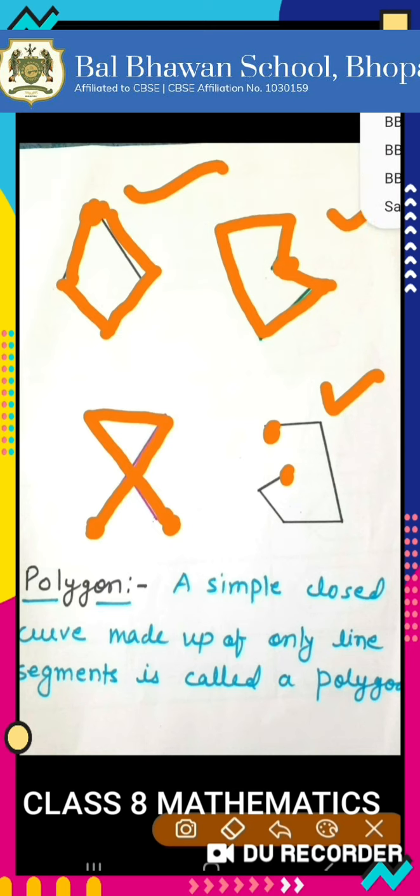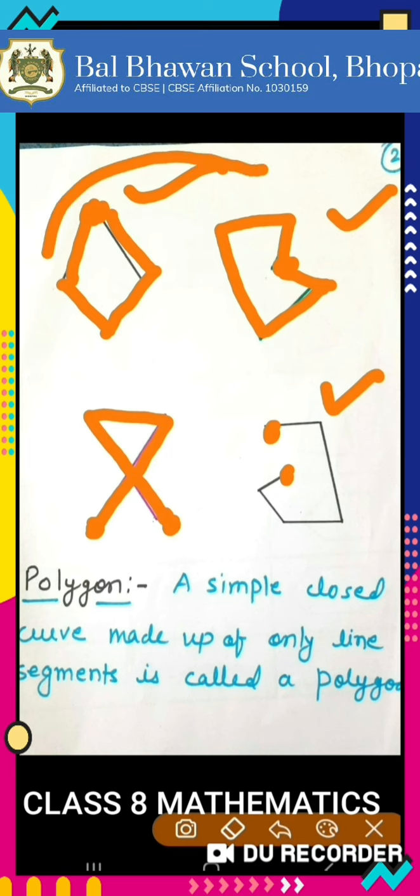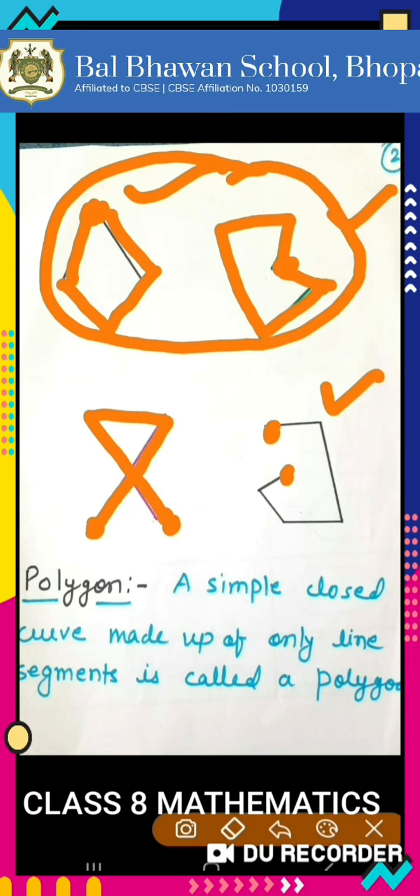So the figures in which the starting point and the ending point are common are called closed figures. These two figures are not closed.